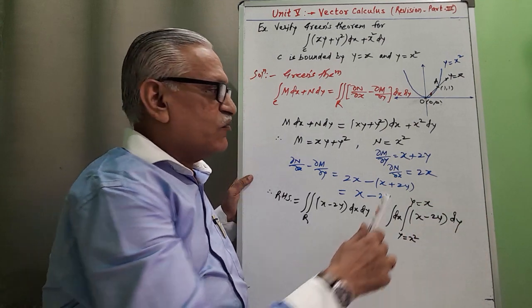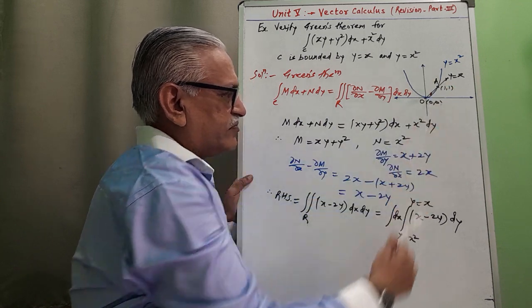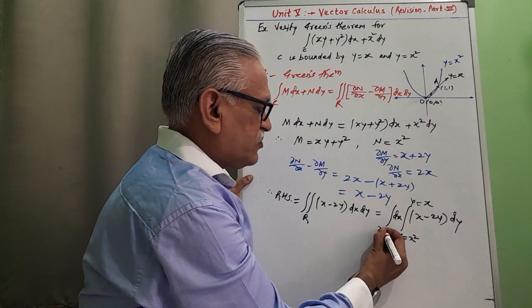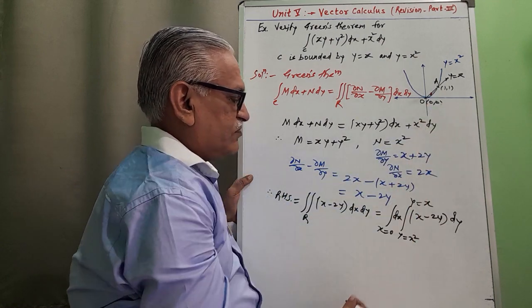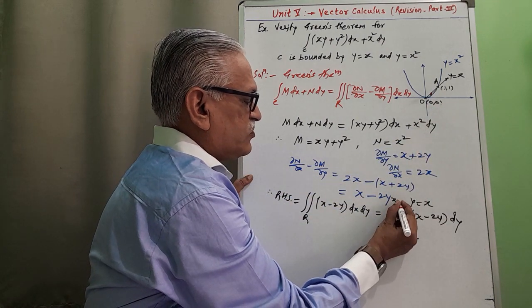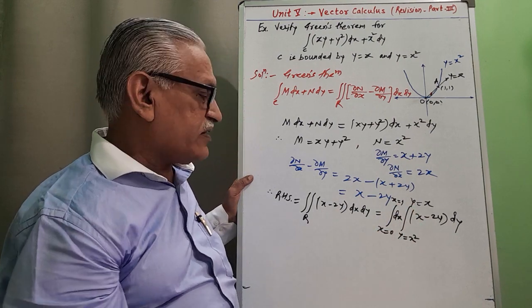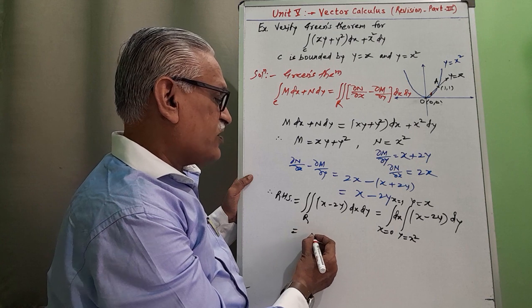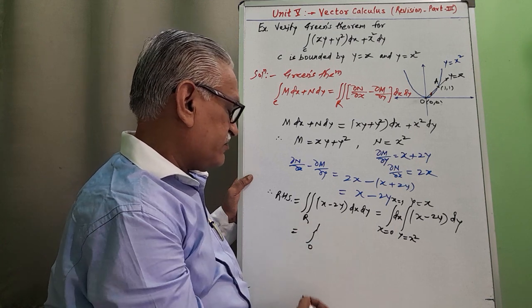Then moving that strip throughout that region from the y-axis, that means x equal to 0, to the line x equal to 1, the outer integral is as it is, integration from 0 to 1.